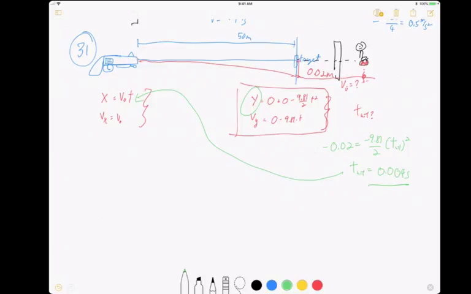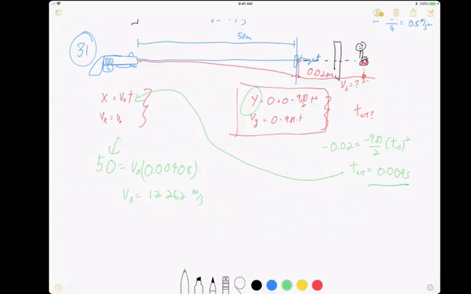So in other words, we know that the bullet's position at that time is going to be 0.00408. We know that the bullet traveled 50 meters in that time, so we can go 50 divided by that. 12,262 meters per second. God, that's big.